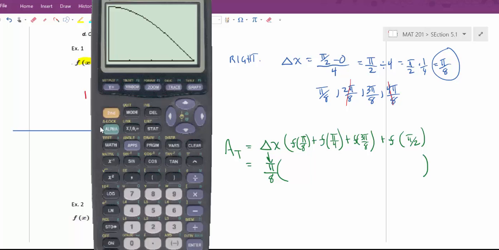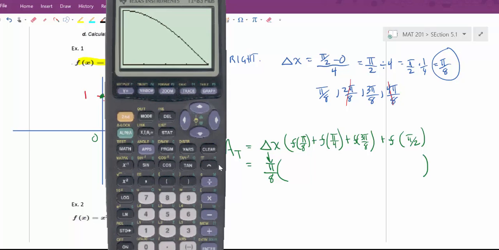So what we're going to do then is find each one of these things. Some of them go from the unit circle, some don't. But if you just trace at pi over 8, you just go trace and then put pi over 8. That'll give a bunch of decimals. Let's just round to 2 decimals, so let's say 0.92. Do you guys remember what the cosine of pi over 4 is? Square root of 2 over 2, okay.